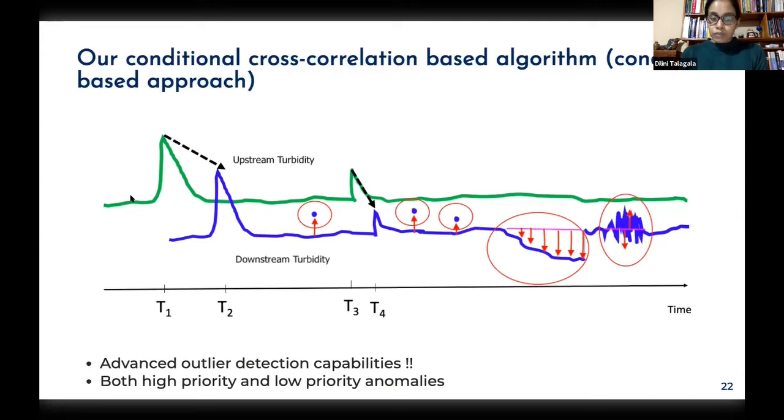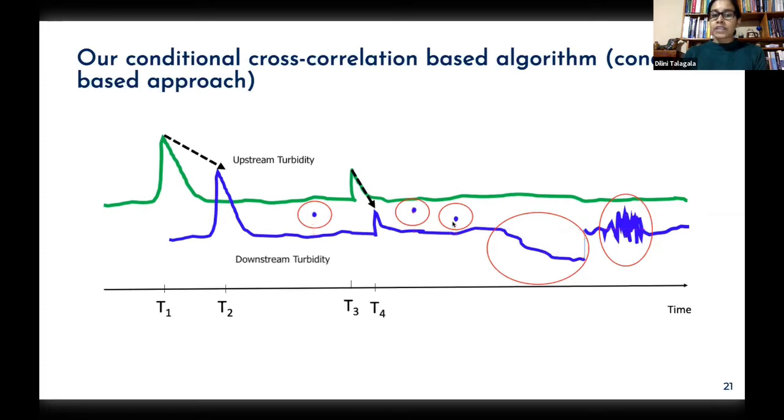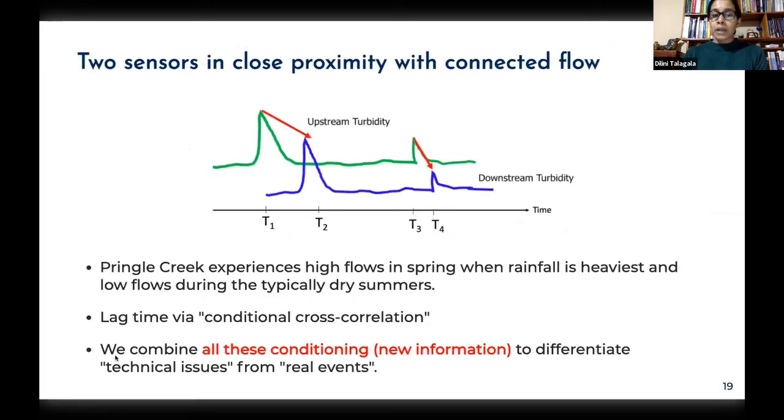Another thing I want to highlight is that we are using upstream behavior to predict downstream behavior, so we assume that our upstream variable is free from outliers, because then we can get a good prediction for our downstream variable.